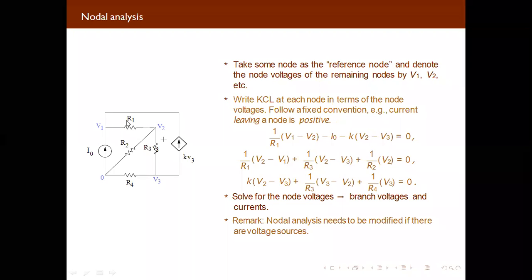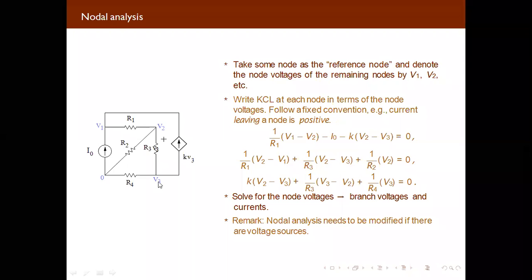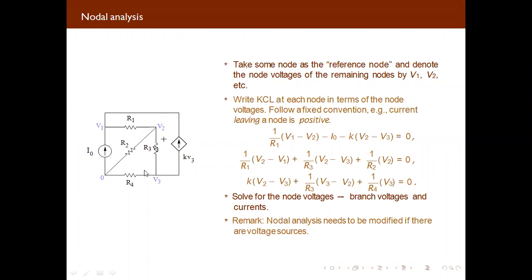So where is V2 connected? To V1. So you can take V2 minus V1 upon R1 as positive. Again for R3, you can take V2 minus V3 upon R3, again positive. Again, V2 minus 0 upon R2, so I have directly written V2 upon R2. That summation will be 0.